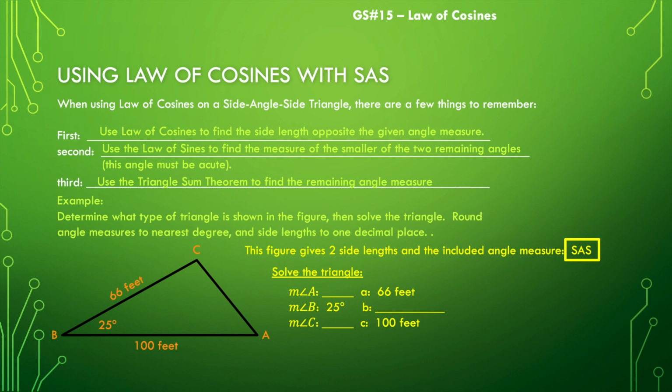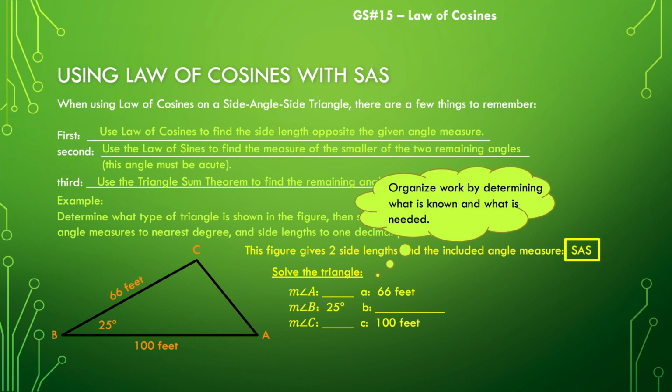It is helpful when we are wanting to do that to organize our work by determining what we know and what we need. After we do that, it's easy to use these steps and decide what to go to first.